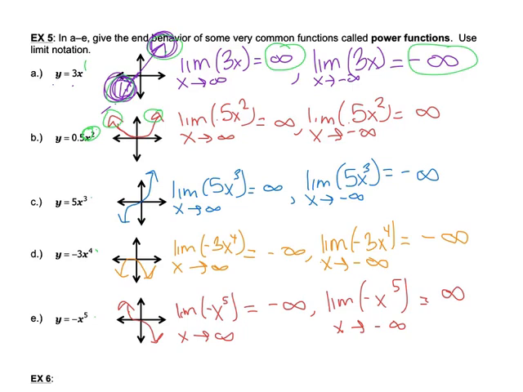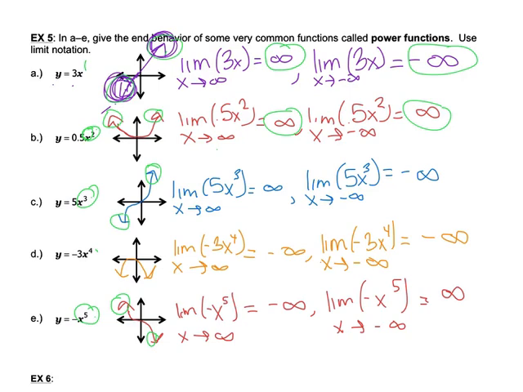So whether x is getting very large or very negative, they both approach the same value of positive infinity. If you go through and look at the rest, let's look at these two odd functions, 3 and 5. So the third power and fifth power, just by looking at the shape of the function, you can tell that the end behavior is opposite on both ends of the function.